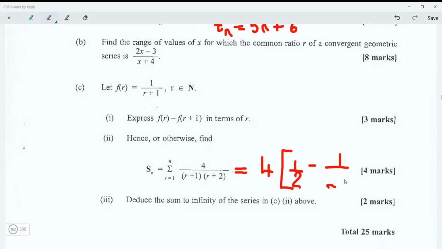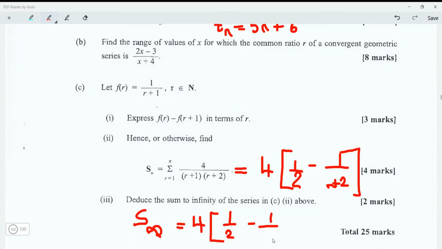Now guys, it says hence we need to find the sum. To deduce the sum to infinity, you replace n with infinity. We get 4 times in bracket, a half minus 1 over infinity, but 1 over infinity is 0.